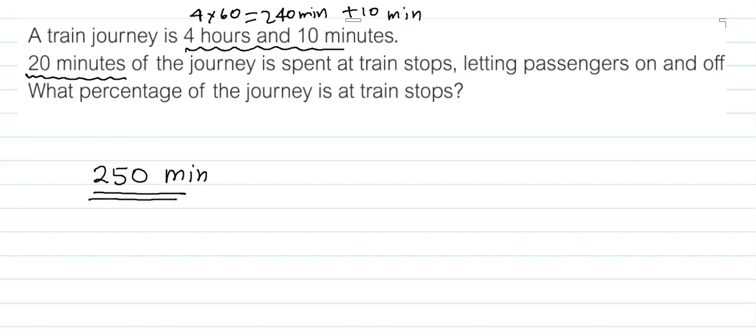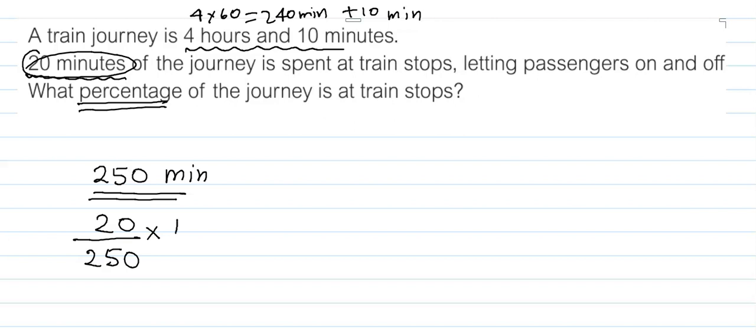So out of this journey, train stops 20 minutes. So 20 out of 250, and because they want what percentage of the journey is at train stops, you times by 100. There's nothing, suppose there is 1. So see, top 1 zero cancels by bottom 1 zero. Okay, so 20 times 10 is 200 and it is 25.